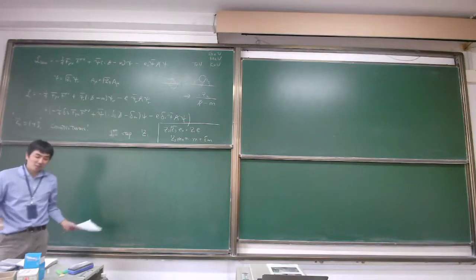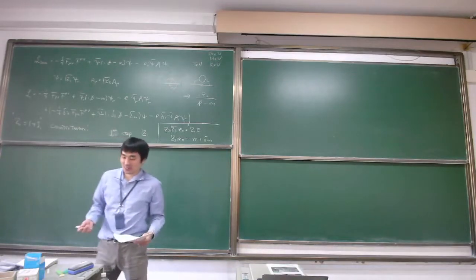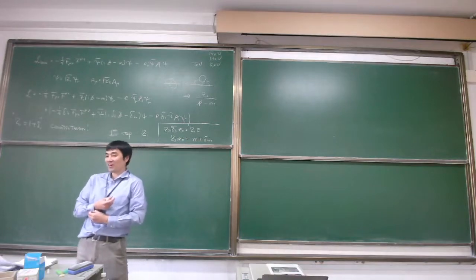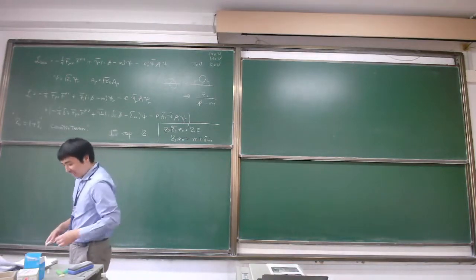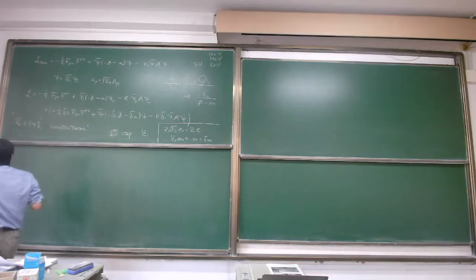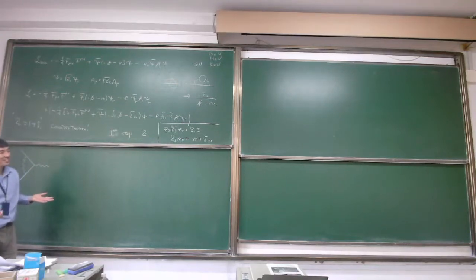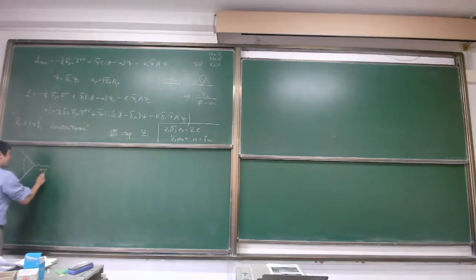Today's calculation is very much involved, so most likely you will get lost if you don't concentrate. It is very involved, but you have to get used to it. Most of the quantum physics 1 courses, I guess, do not introduce this detailed calculation, because of lack of time, but it's better to do it.